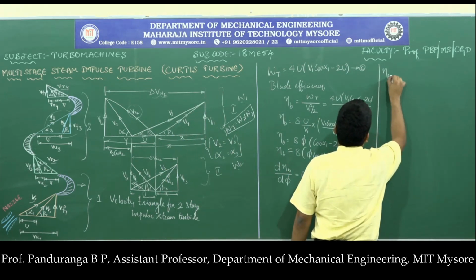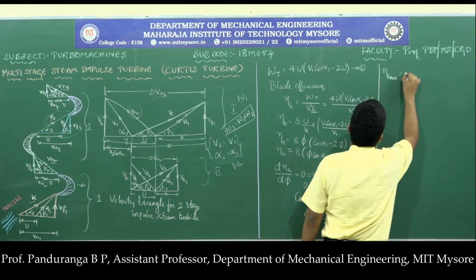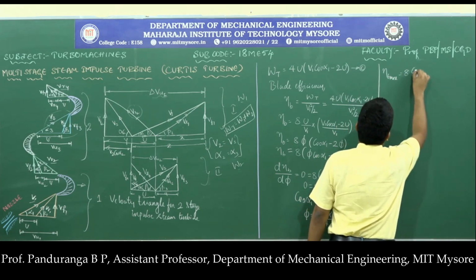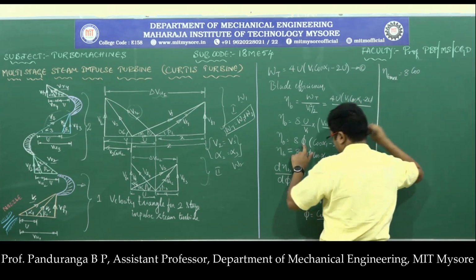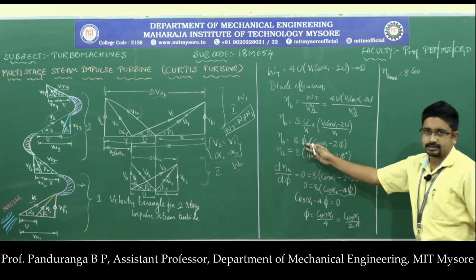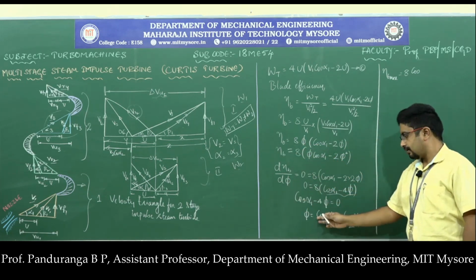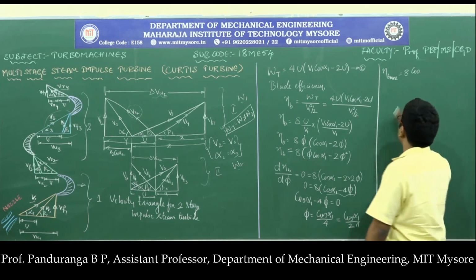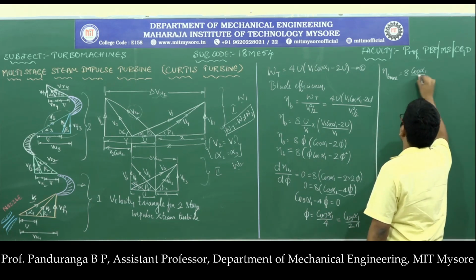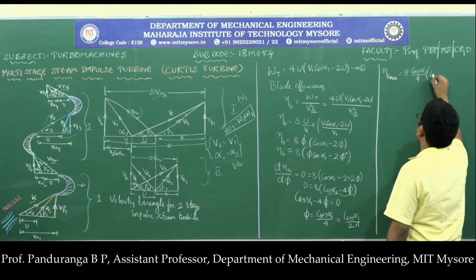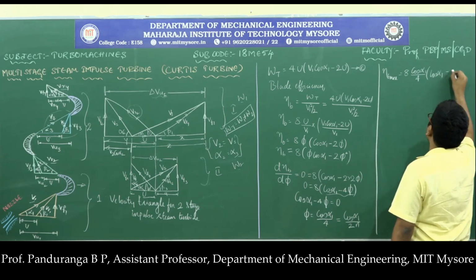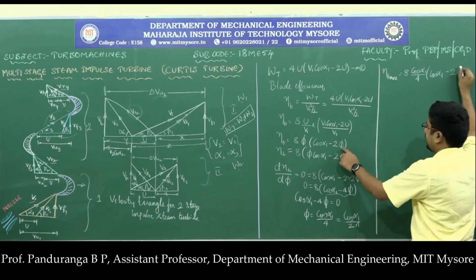So eta B max will be equal to 8 into, in place of phi I need to write cos alpha 1 by 4. So cos alpha 1 divided by 4 multiplied by cos alpha 1 minus 2 times phi.